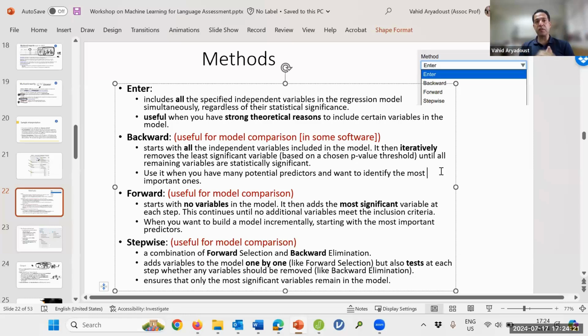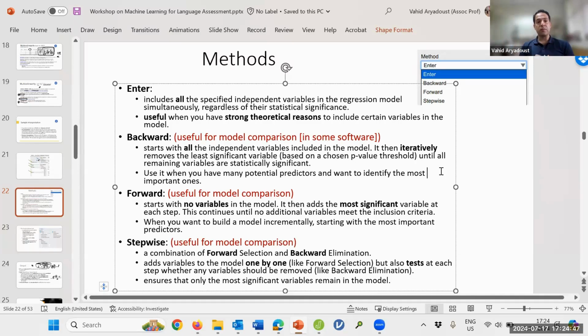And just because of this, chances are that your R-squared value will increase just a little bit, simply because the model is too complex. So it will inflate your R-squared a little bit, even though one or two of those variables may not be statistically significant. When do we use enter? Generally speaking, when there is a very strong theoretical reason why we have to incorporate all those variables.